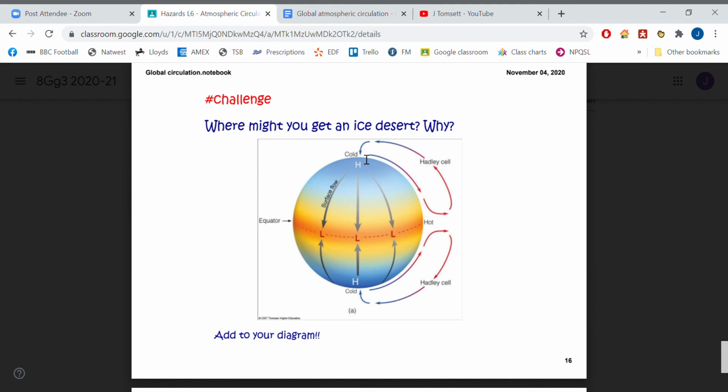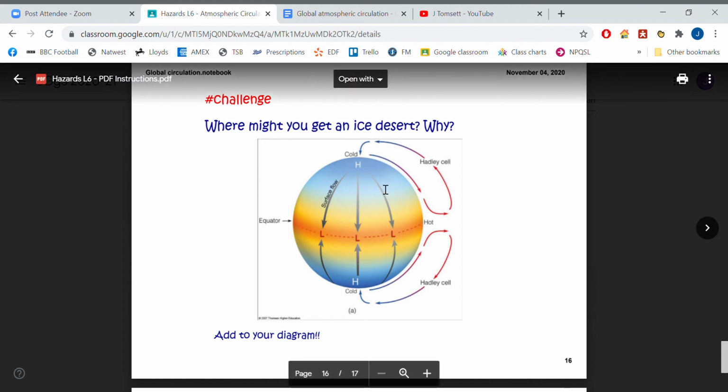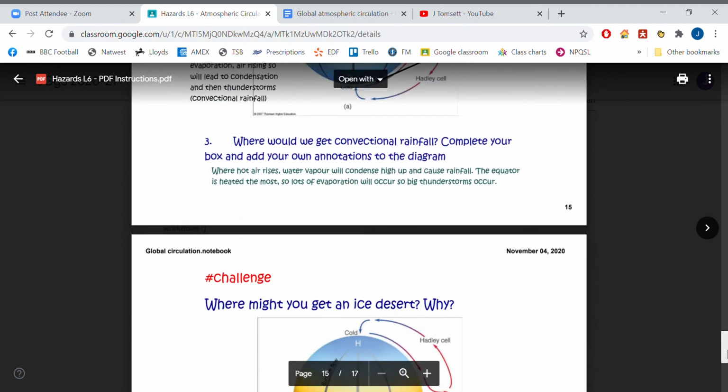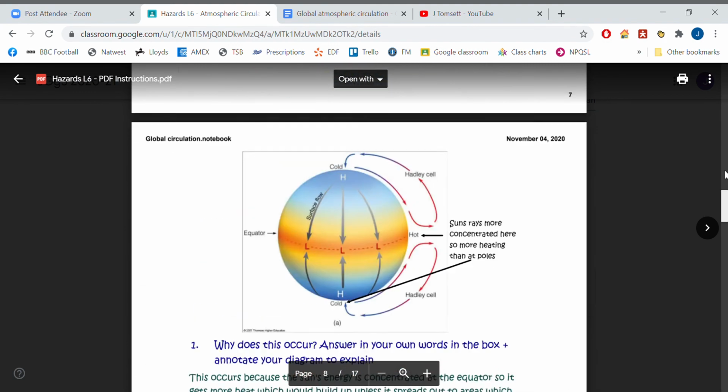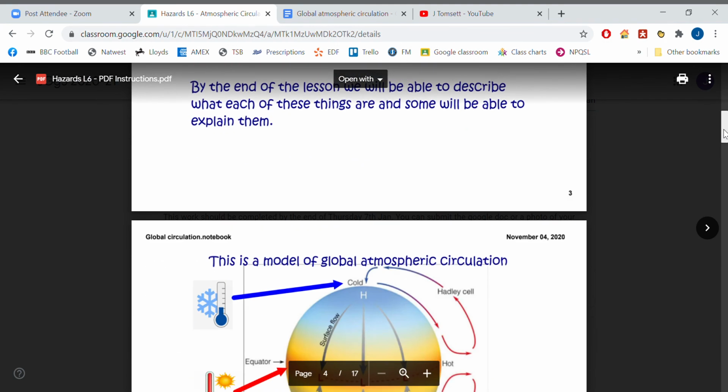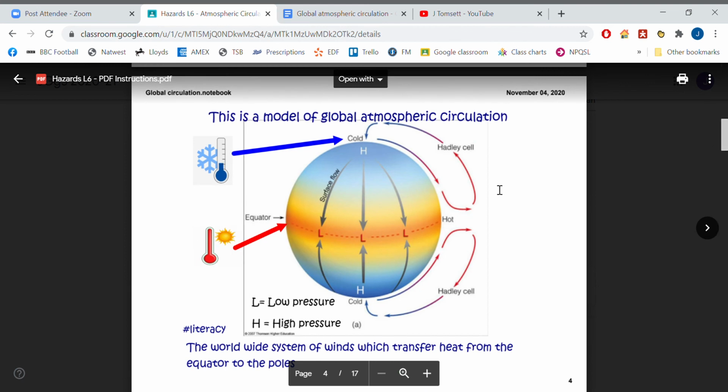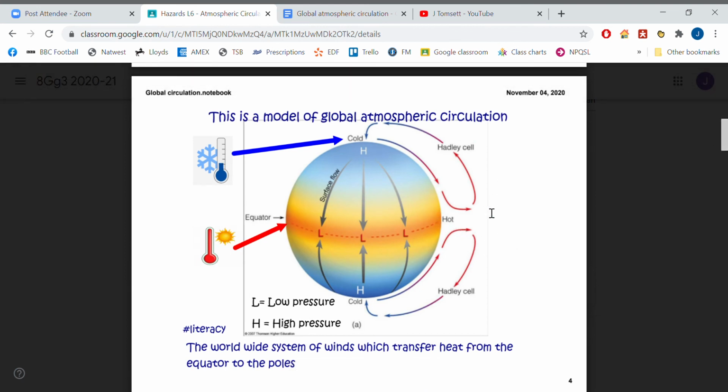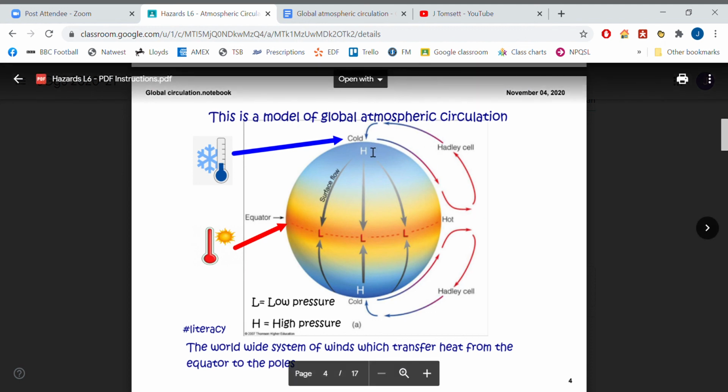So we're not going to get it here because the air is sinking, and it's cold because the sun isn't very concentrated here. The sunlight, sun energy. Okay, ignore the bit at the bottom. Don't worry about that. But hopefully that helps to explain why. Yeah, lots of heating, hot, rising air, rainfall, sinking air, no rain.